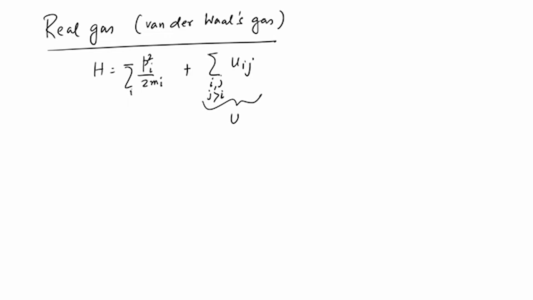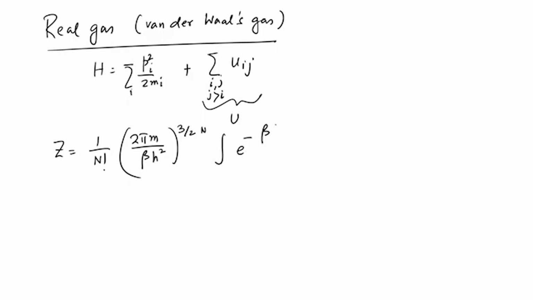So, we have to write down the partition function, with the usual Gibbs correction factor, which comes because of the Gibbs paradox, and then there is (2 pi m divided by beta h squared) whole to the power 3 by 2. This is all known to you, and now this extra term that comes is e to the power minus beta u, which of course depends on the coordinates r1, r2, up to rn.